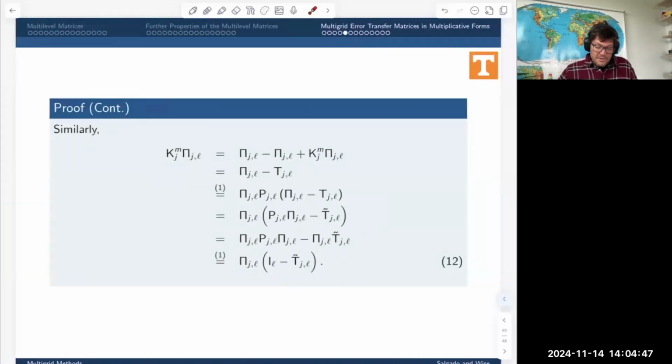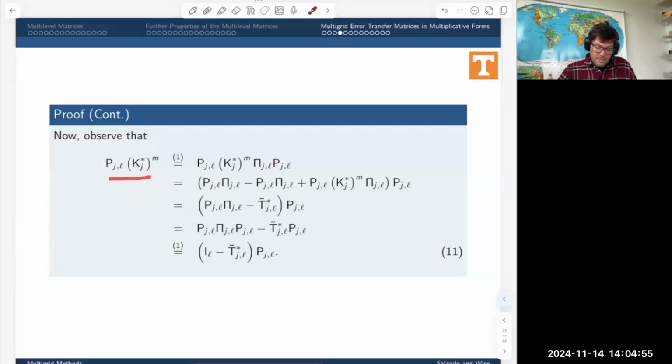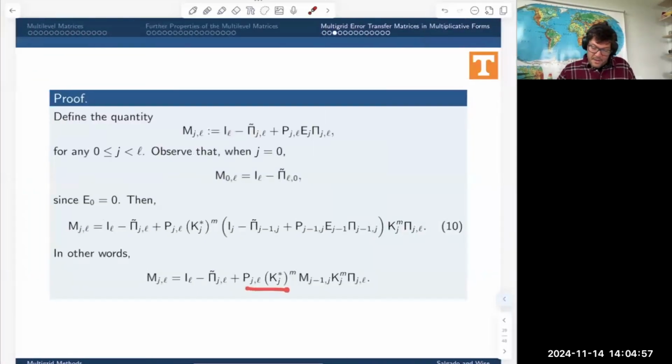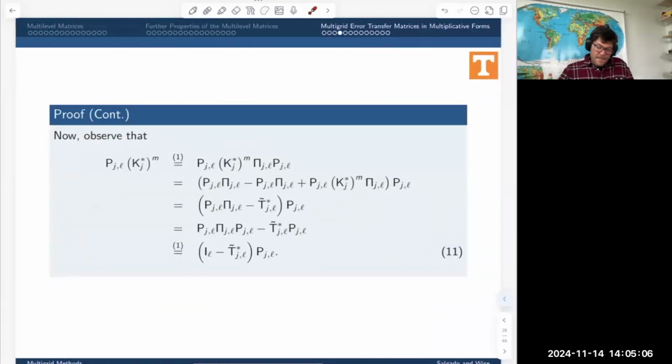And similarly, we can do the same thing, but to so this matrix here is going to appear on the other side. So we want both of these guys. So that one appears there and this guy appears there. We want to know what those guys look like when I multiply them times this matrix in the middle here.